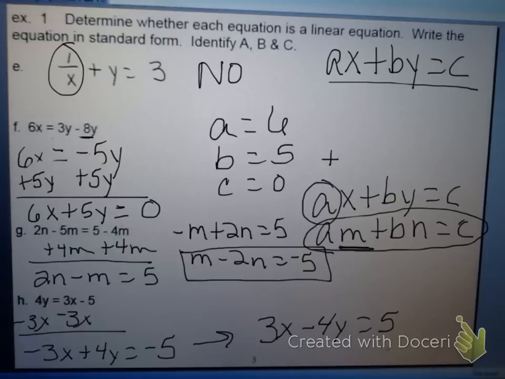And yes, this is a linear equation where A is 3, B is negative 4, and C is 5. I forgot to identify that in example G. A is positive 1, B is negative 2, and C is negative 5.